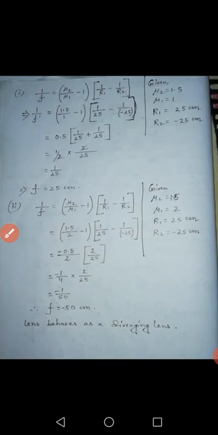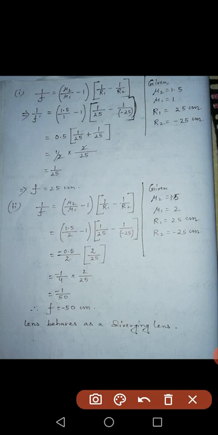This time the lens is not in air but is dipped in oil. The oil has refractive index 2. So in the next case mu1 will be 2, and mu2 will remain the same, the refractive index of the lens, which is 1.5. In this way we will solve this sum.